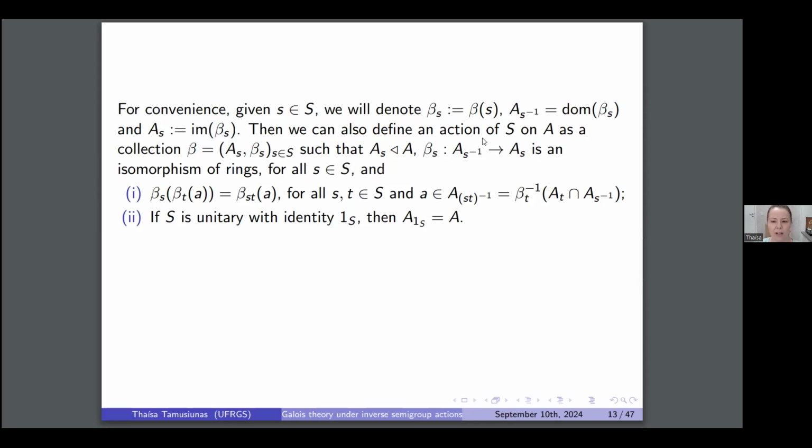Then we can also define an action of the inverse semigroup on the ring A as a collection of ideals and isomorphisms between these ideals, such that this composition equality is valid, where the element a is in the appropriate domain for the composition. And if S is unitary with identity 1_S, then the ideal indexed by 1_S is the whole ring.